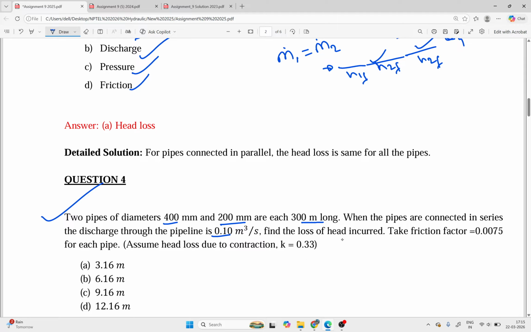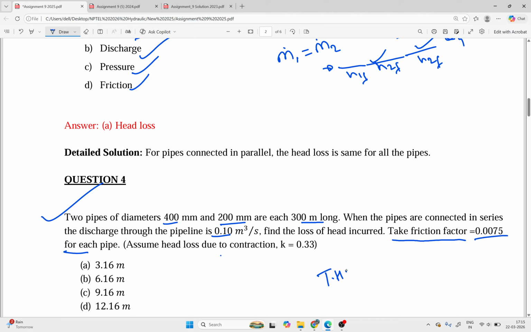Find the loss of head incurred. Take friction factor 0.0075 for each pipe. Assume head loss due to contraction K is equal to 0.33.